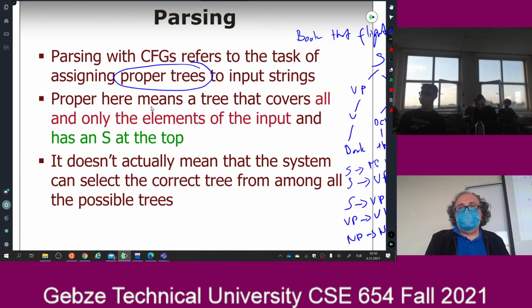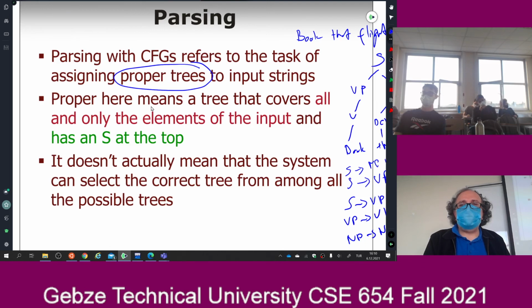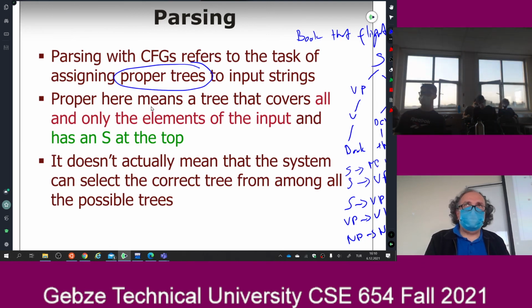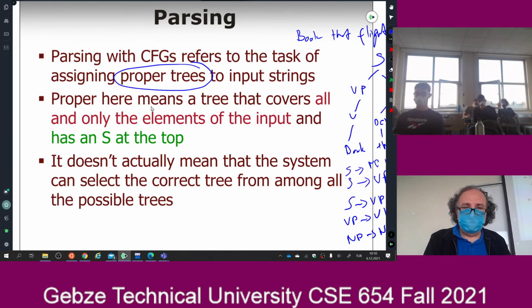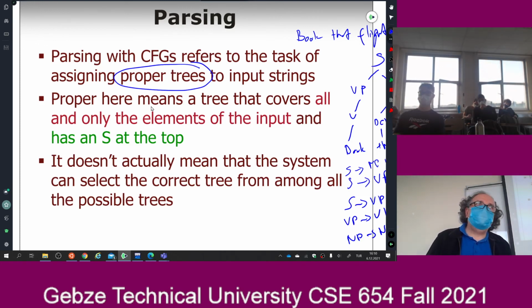Proper parsing means extracting all the possible parse trees. We are not saying that we should disambiguate which one I mean. No, parsing cannot do that. Parsing only tells you this is one way of parsing and this is another way of parsing.